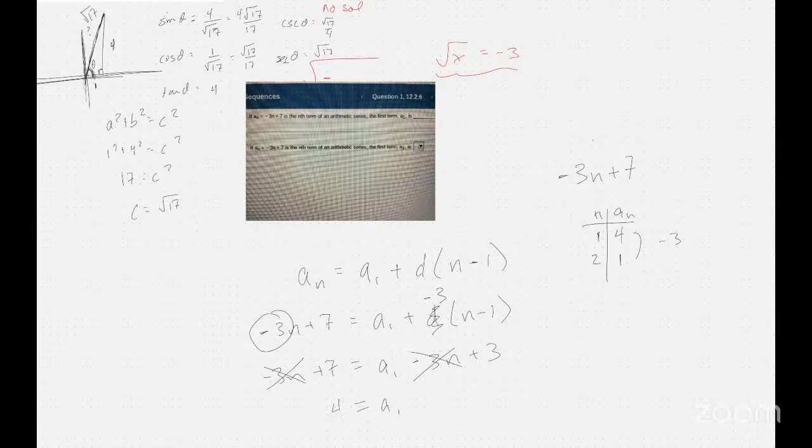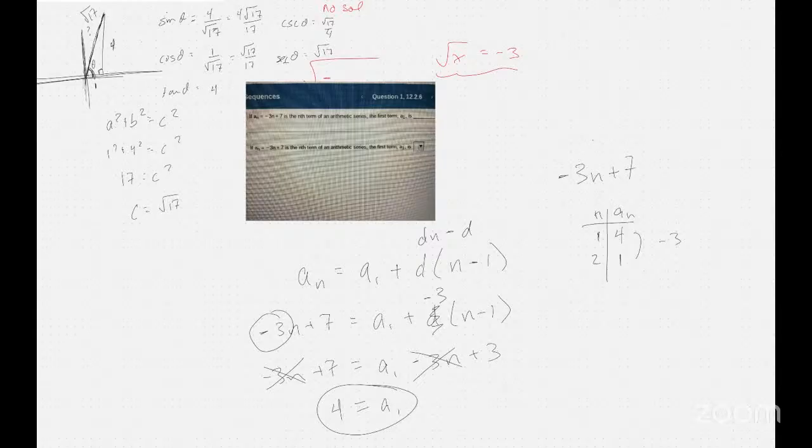The other way you could have done it is distributing this into dn minus d and recognizing that a sub 1 minus d, because you can see that this is your dn, right?